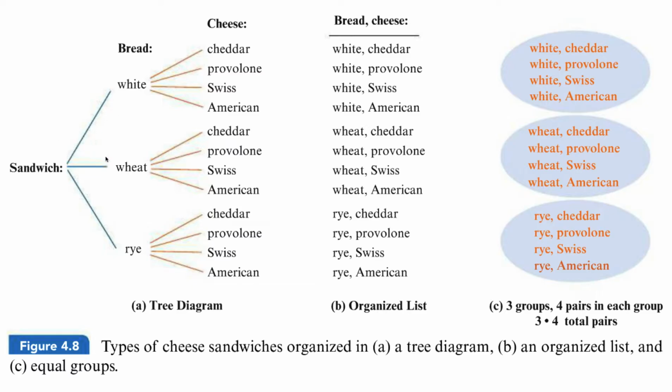So if you are starting from 3 different breads, each bread can have 4 different types of cheese, right? So we have ordered the pair here, organizing list, and you can see that there are 3 groups: 1 group, 2 group, 3 groups. For each 3 groups of bread, you can have 4 different sandwiches there using the 4 different cheeses. So you can use tree diagram or organize the list in equal groups.